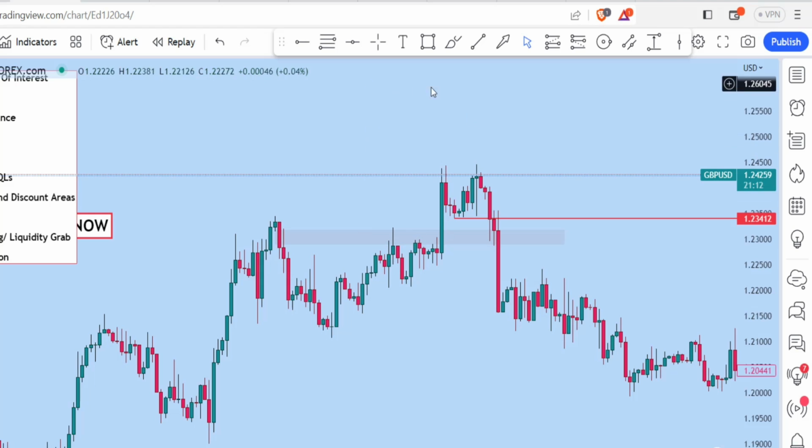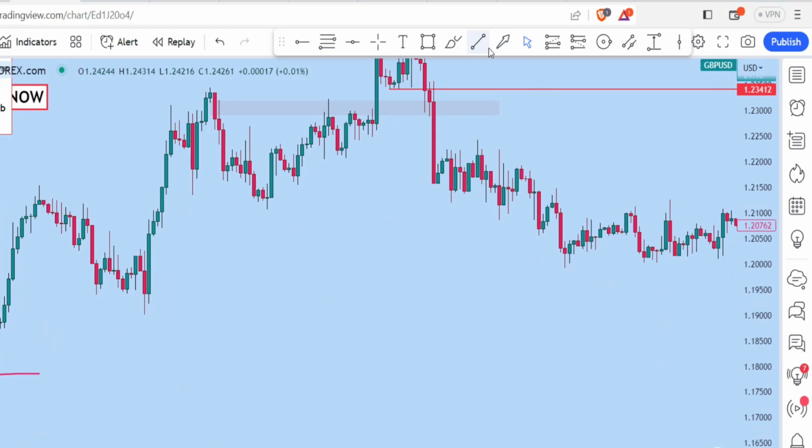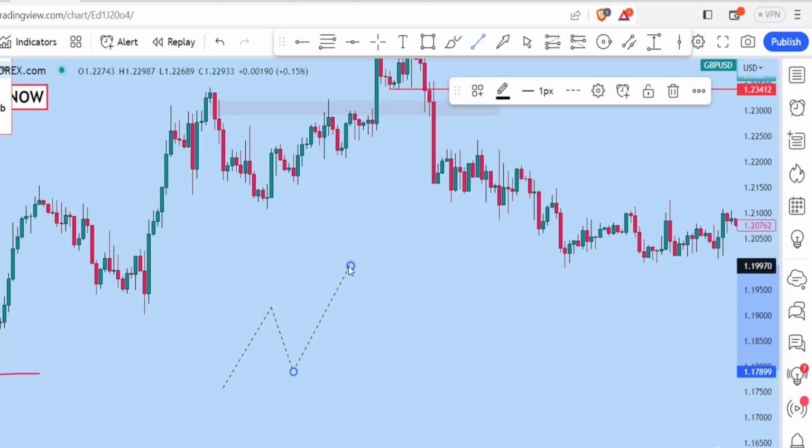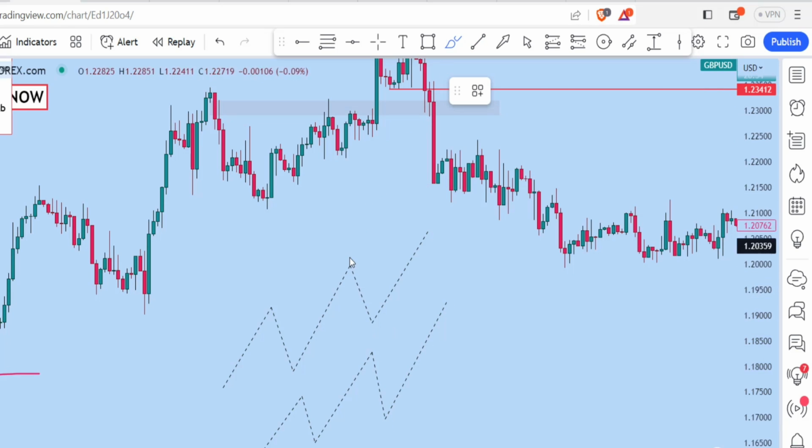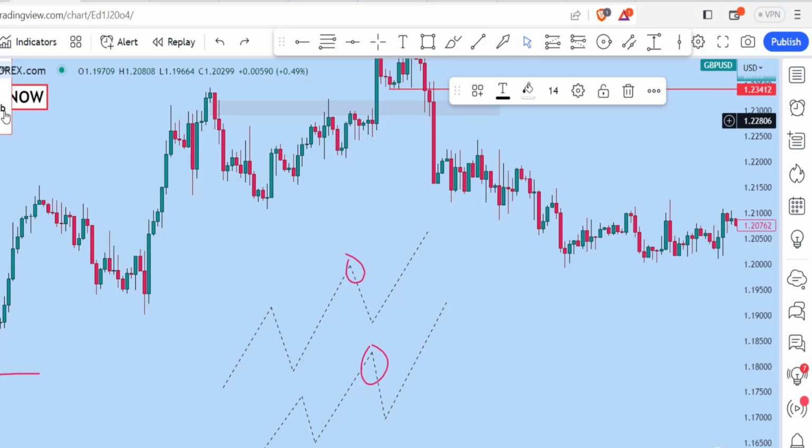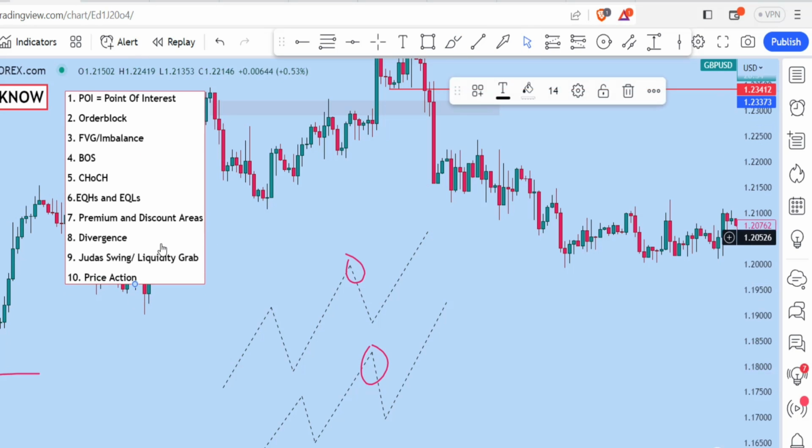Let's say you are seeing an uptrend like this on Euro USD, and the same thing on GBP USD is supposed to be the same. But at a point where you see a higher high formed on Euro USD, but you did not see a higher high formed on GBP USD, it means there is a divergence in the correlation. So that is basically what divergence simply means.